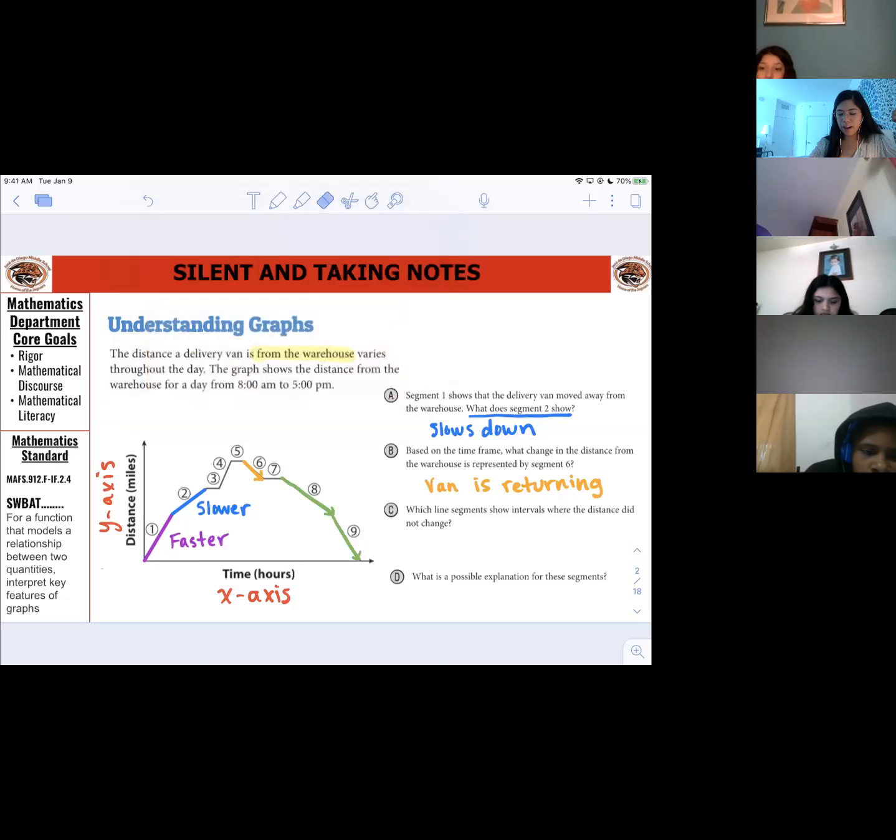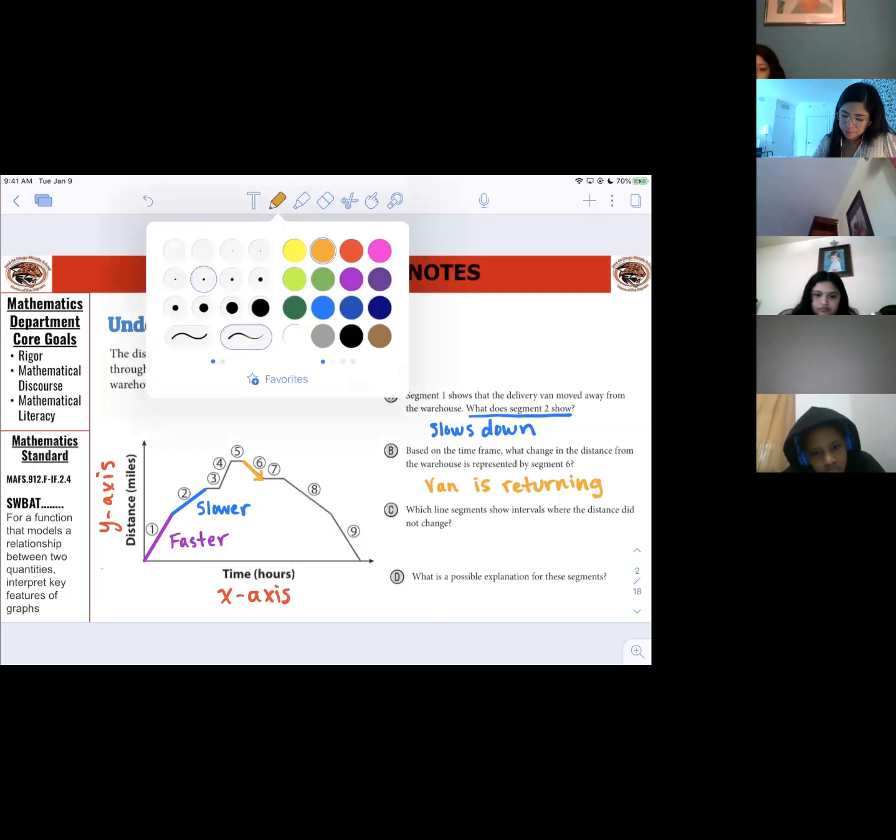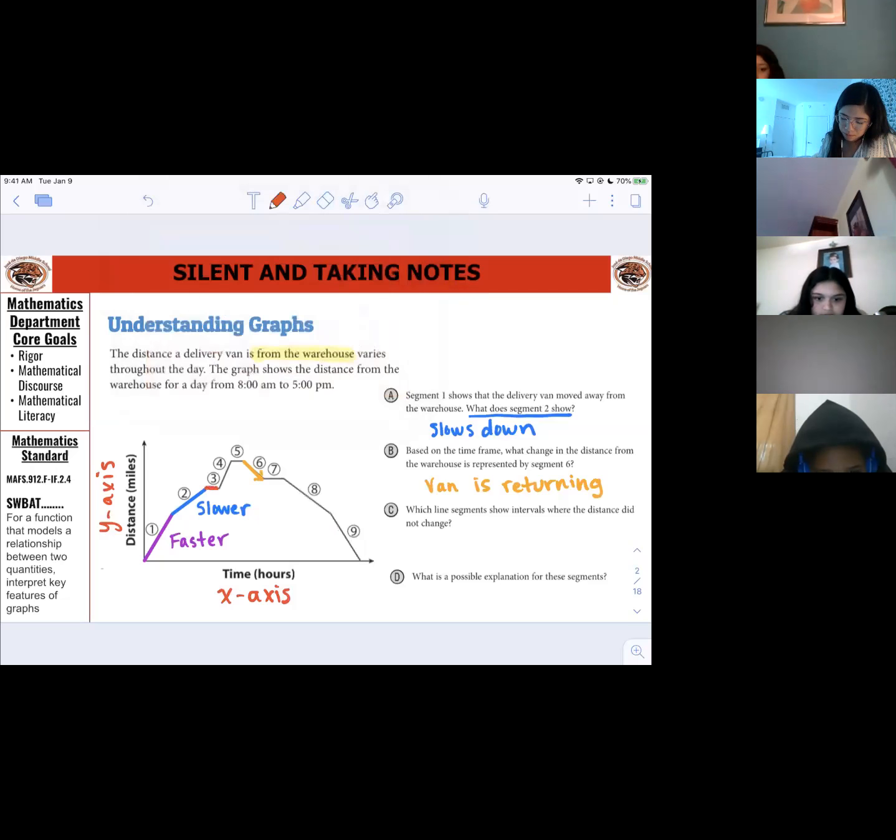So 8 and 9 are still just showing me that the van is on its way back. So it doesn't mean that he stopped, it just means that he's on his way back. But which intervals can tell me that the distance is not changing? 3 and 5. There you go. 3, 5, and there's actually one more. Oh, 7.